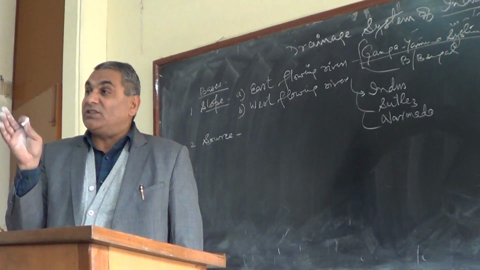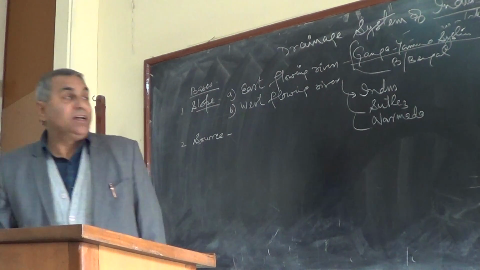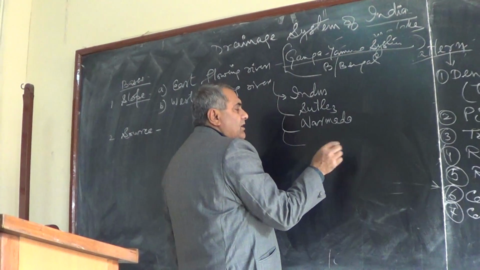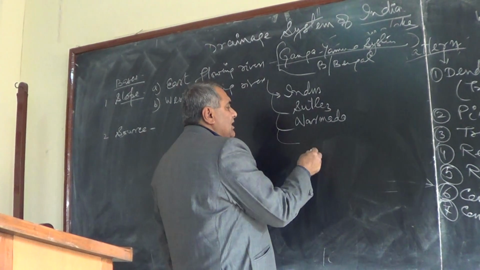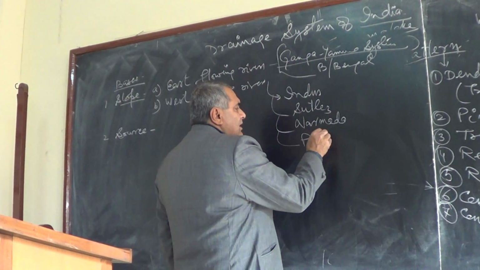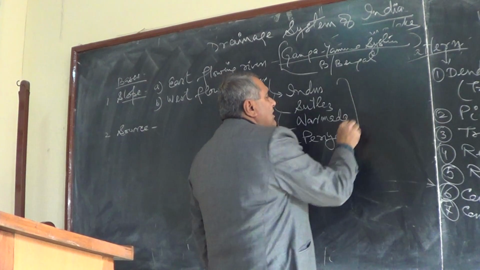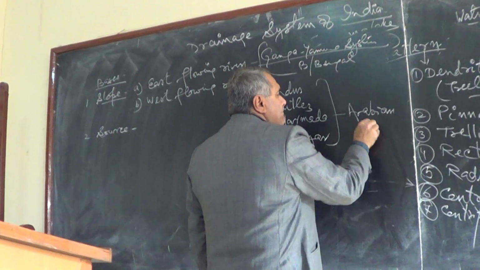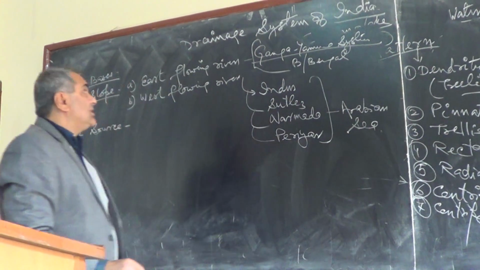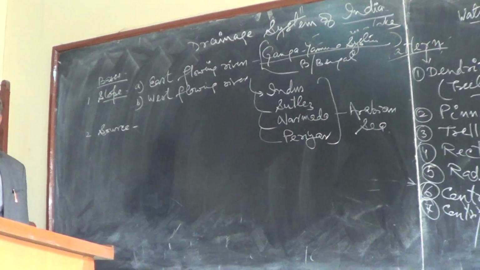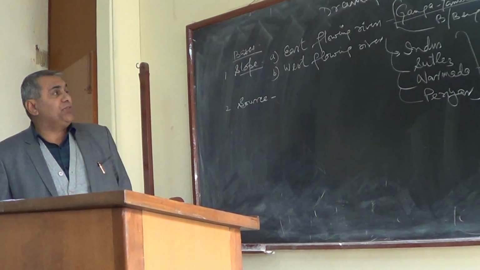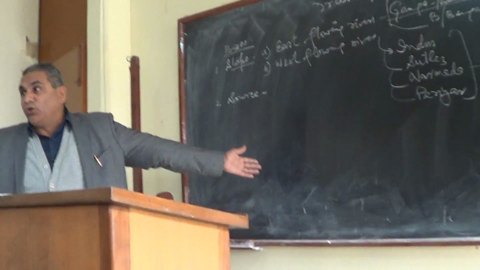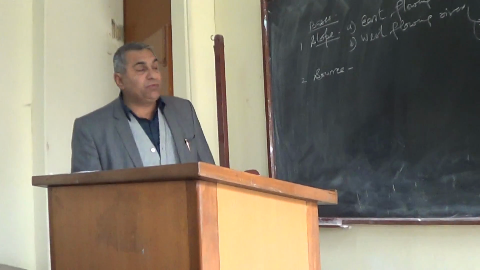It is reversed because it flows through a rift area. So Narmada, Tapti, or Periyar river in Kerala are draining into the Arabian Sea. So this is one base to classify the drainage system of India: east flowing or west flowing, on the basis of eastern slope and western slope.